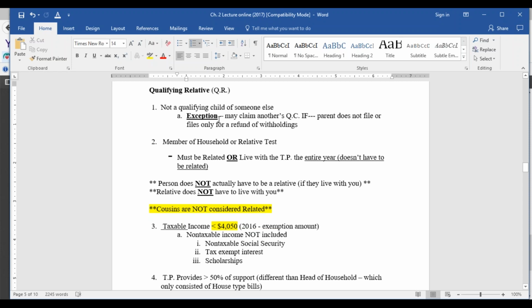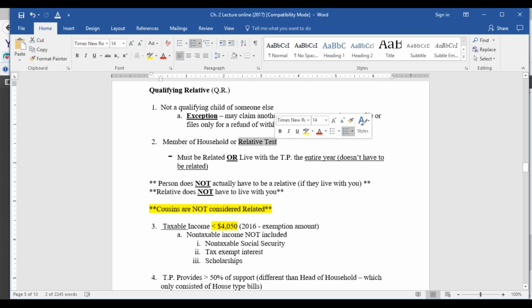You can't claim another person's qualifying child unless the parent was not required to file or only did so to get their refund. The second test of the qualifying relative: they have to be a member of your household or, and that's a big or, a relative of yours.